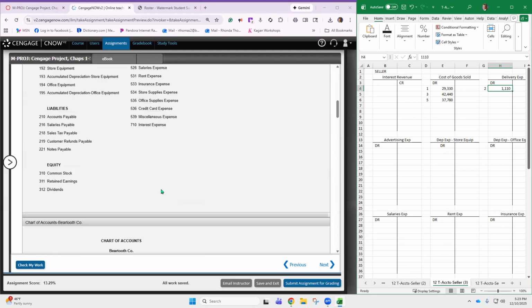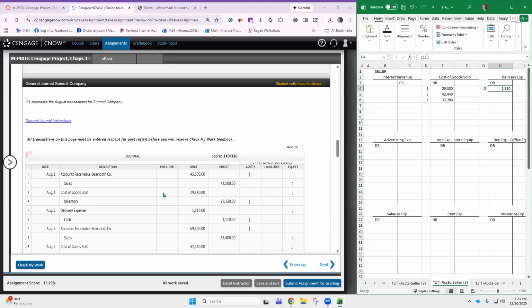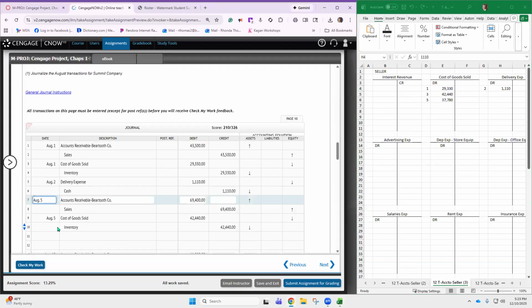And then the first journal shows delivery expense and cash going down, so that's fine. Then the third transaction shows a sale to Beartooth of $69,400 and a sale and the cost of what they sold and the inventory.